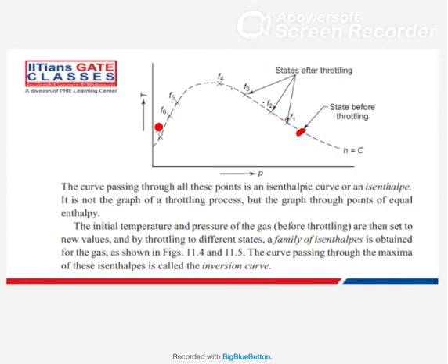Now if we change the inlet condition itself, what will happen? Will the curve remain the same? The behavior of the curve will remain the same, but this particular curve will not represent that inlet condition.